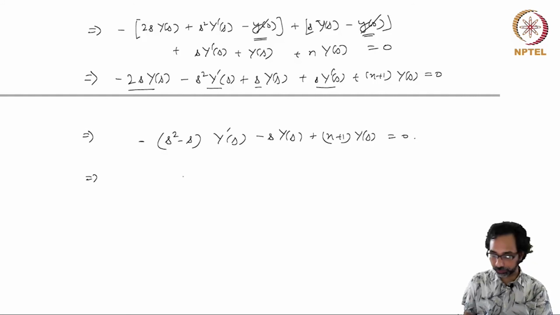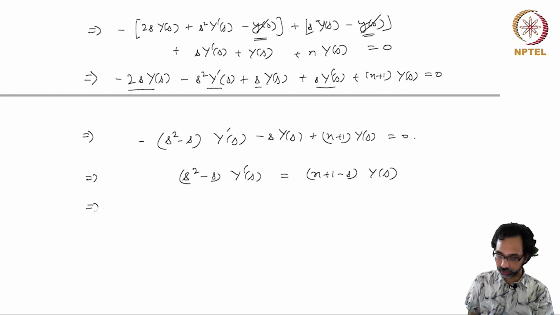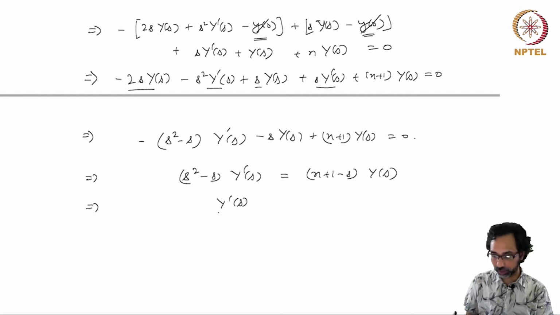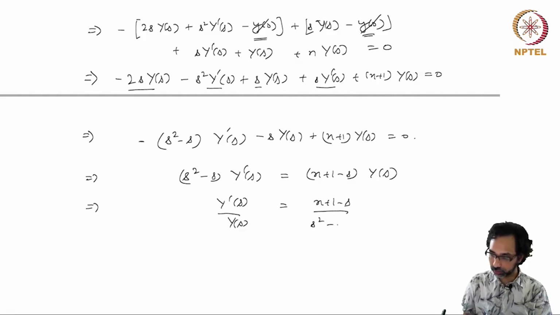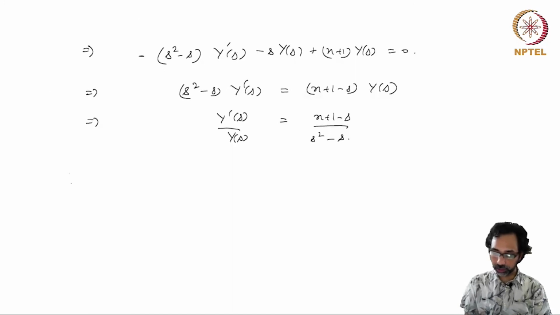This implies that (s square minus s) Y prime(s) is equal to (n plus 1 minus s) Y(s), and so the differential equation is Y prime(s) over Y(s) is equal to (n plus 1 minus s) over (s square minus s). So now we can try to solve this equation explicitly for Y(s).